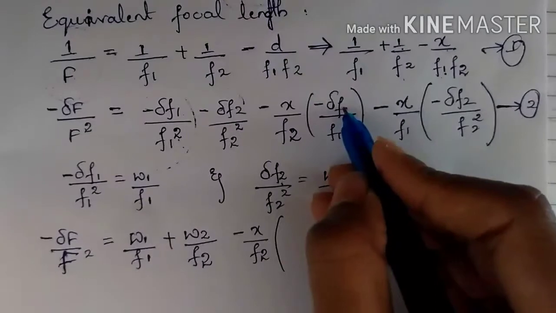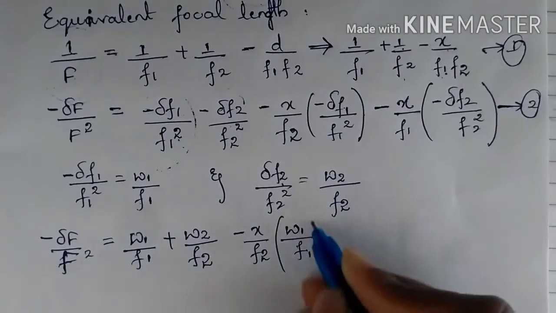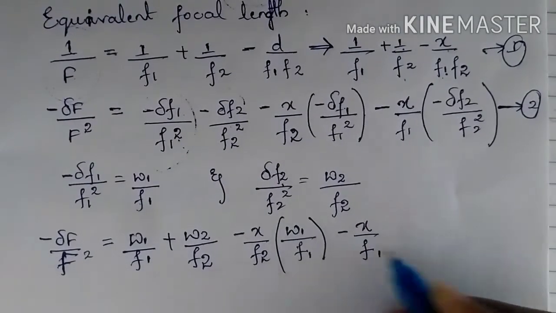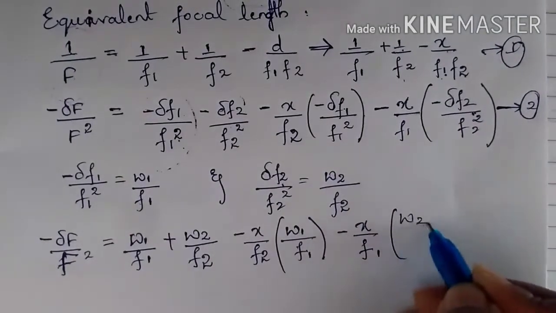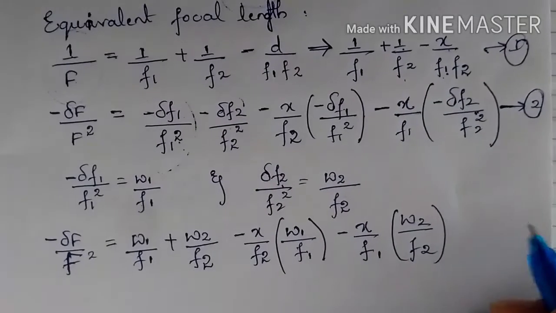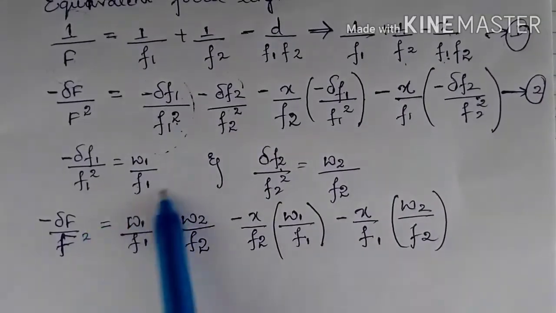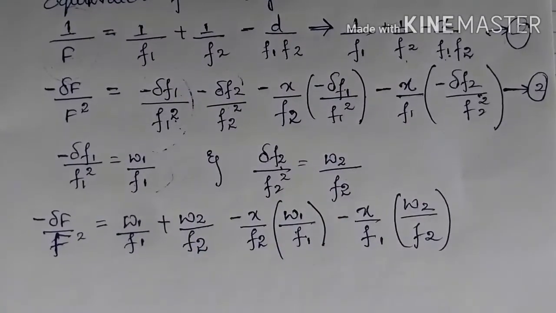So this term here can be written as omega 1 divided by f1 and minus x divided by f1, and this term here can be written as omega 2 divided by f2. So what we have done here is just substitute the values that we have changed in the equation.